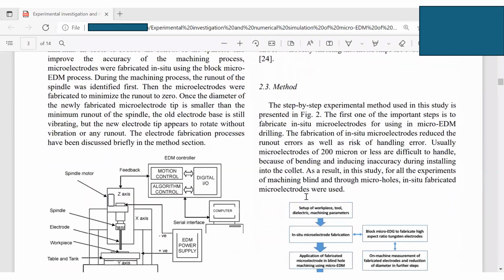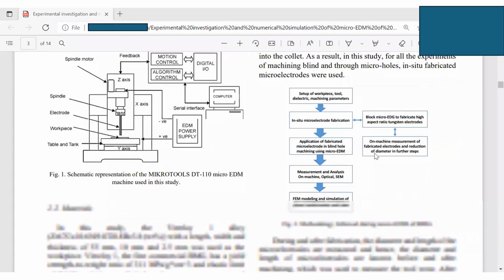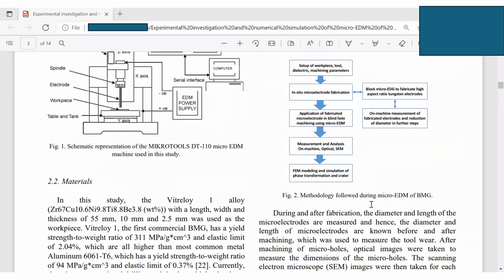So here is the method, the methodology followed during micro EDM of BMG. You set up the workpiece, tool, and electrical machining parameters.